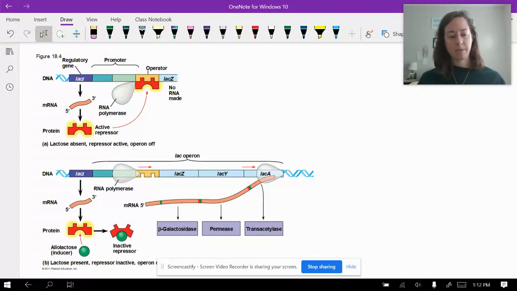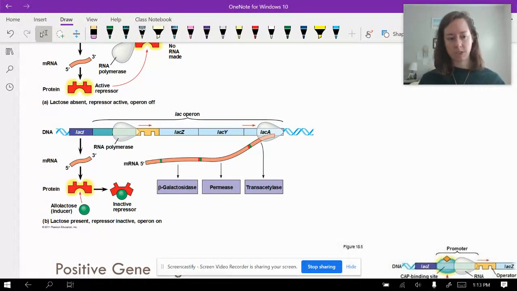Now, there can be times where the inducer, which in this case is allolactose, is present. It binds to the repressor. It causes the repressor, in this case, to become inactive. So the repressor falls off or doesn't attach to the operon. And in that case, RNA polymerase can do its job. It can produce these different enzymes that are responsible for helping to break down and digest lactose in the cell.